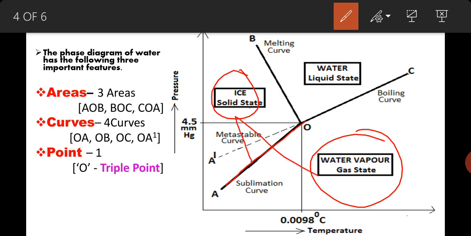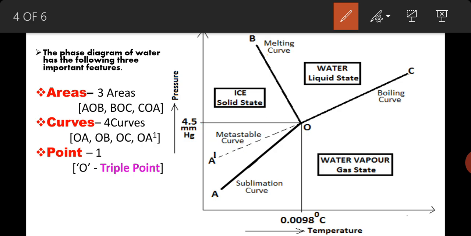These two are in equilibrium on this curve. Here phases are 2, P = 2. The solid state of ice is directly converted to the gas state of water vapor. Here there is no liquid state. This process is called sublimation. Here the OA curve is called the sublimation curve.